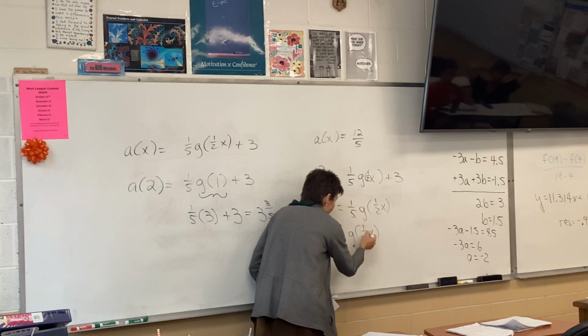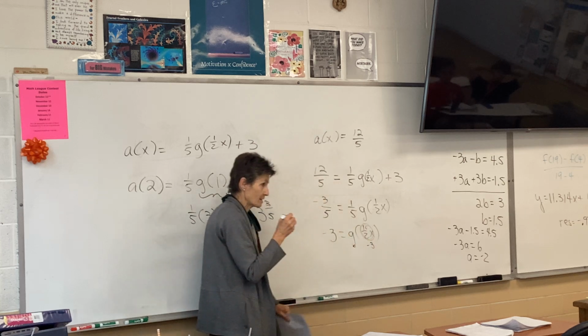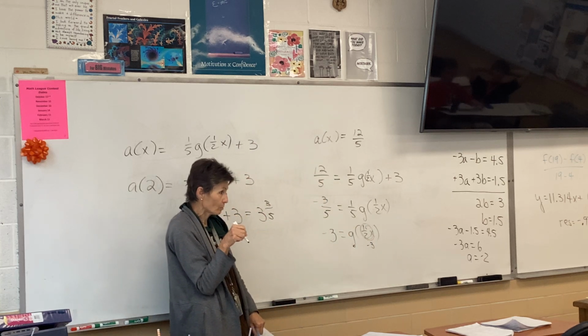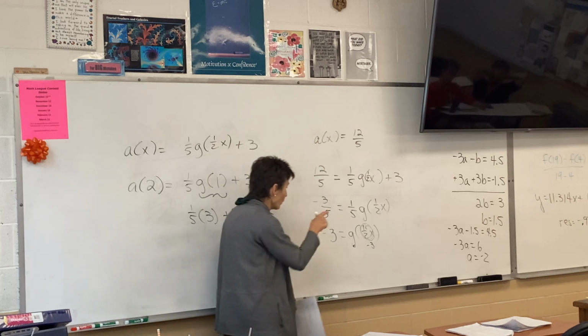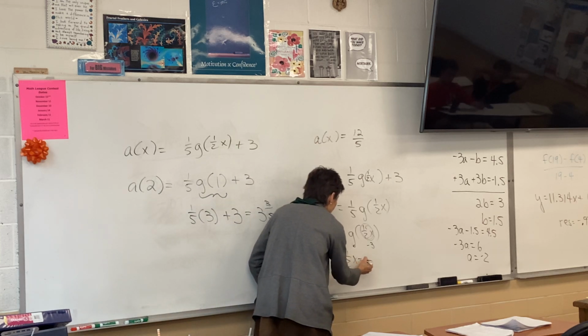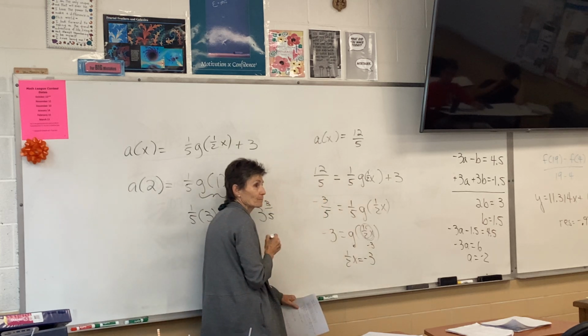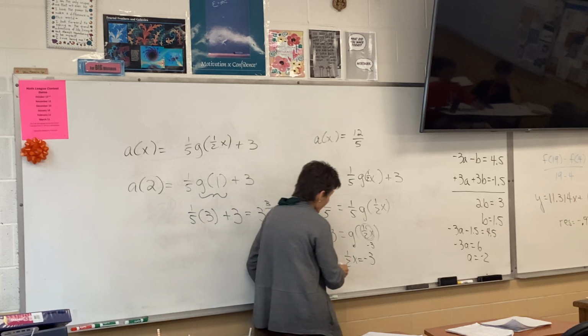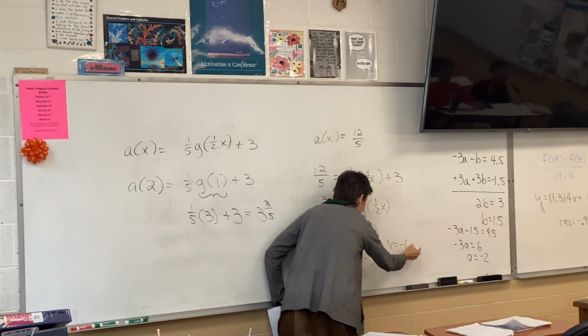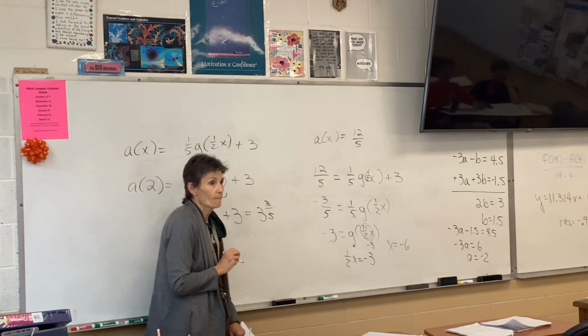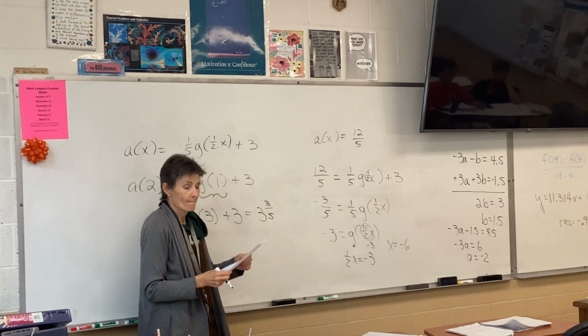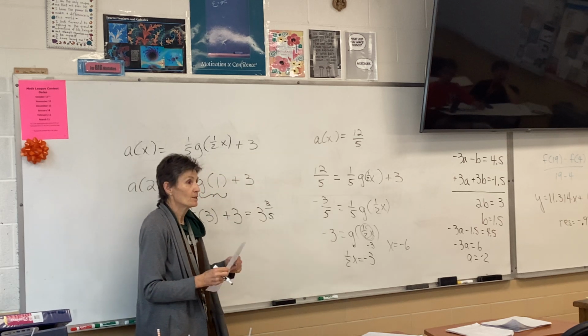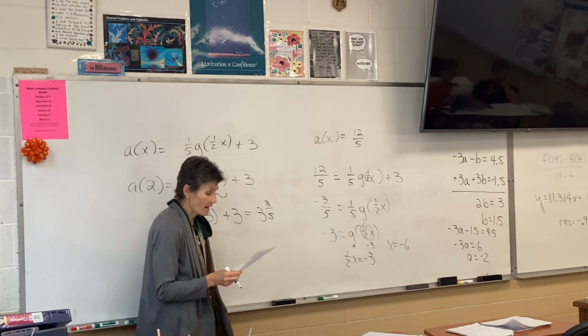So this guy right here is negative 3. Would you agree with me? Because the chart says g of negative 3 is negative 3. So whatever 1/2 x is, it has to be negative 3. So it looks like our x value would be negative 6. Everybody good? All right, backside.